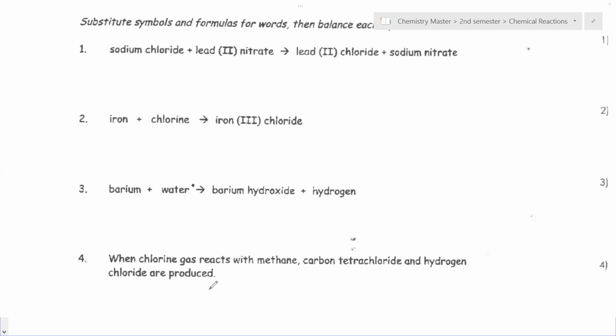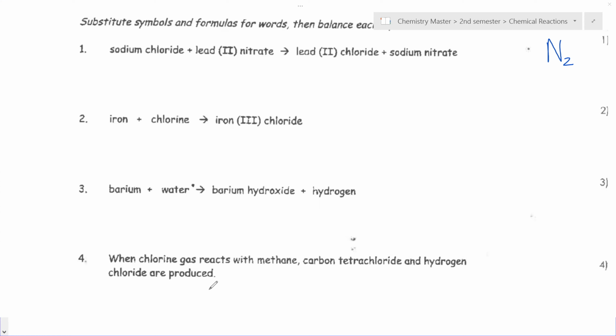Nitrogen, excellent. He took the easy one. It's at number 7, so nitrogen is N2.